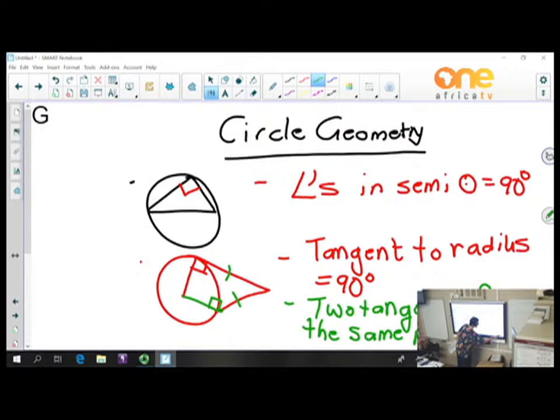Now what happens here is that you have an isosceles triangle, can you see? So that means those two angles are equal there. Two tangents from the same point are equal. Another thing that we get here are two similar triangles, remember, or two congruent triangles.